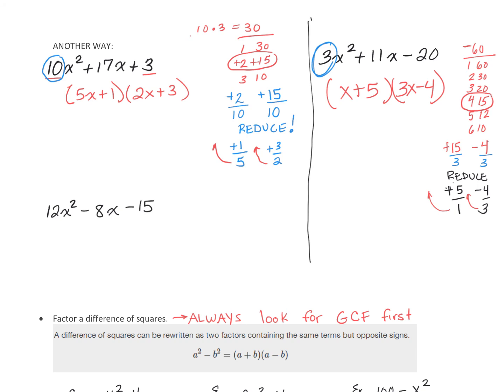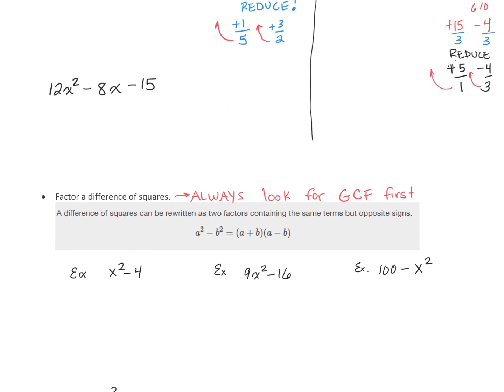Okay, one more. Go ahead and try this one. We know that 12 times negative 15 gave us negative 180. I'm going to use my knowledge from before. We actually used negative 18 and positive 10. So that step, finding those numbers, is exactly the same. This time, we're going to divide by 12.